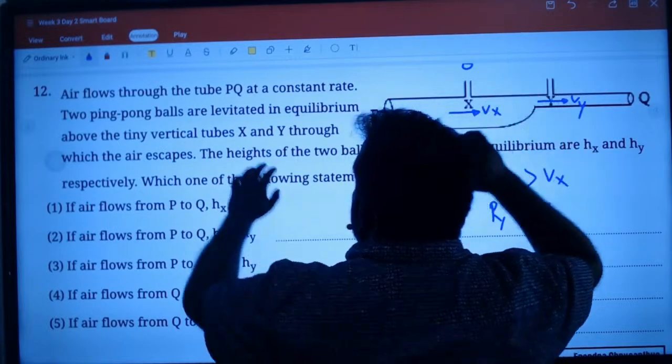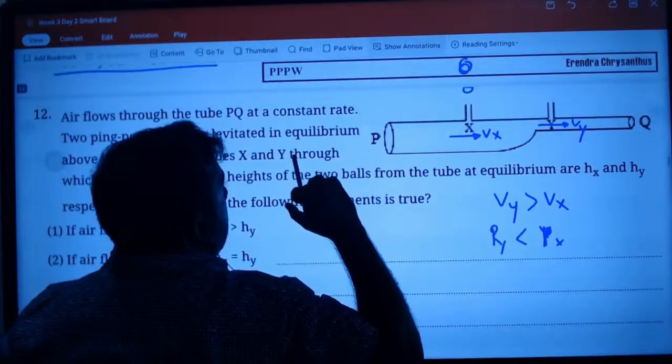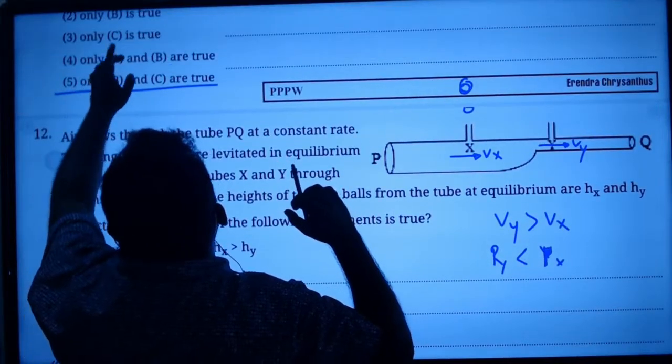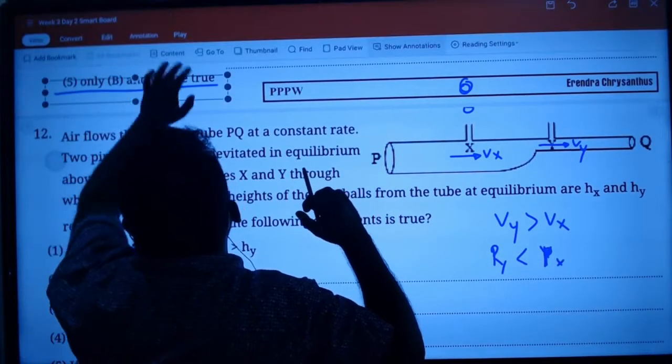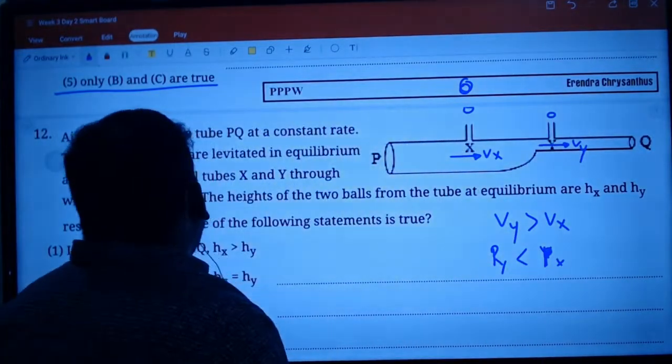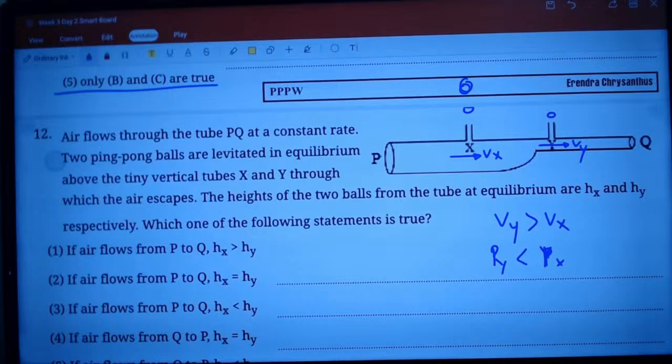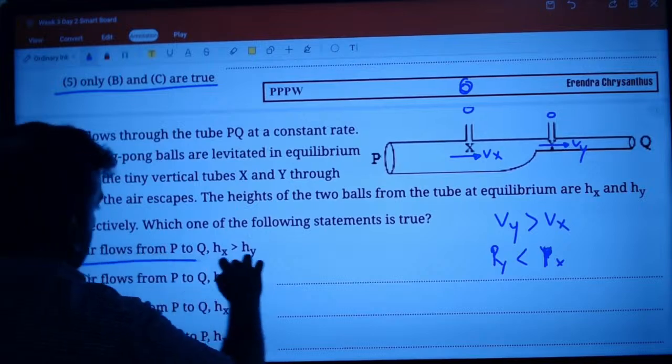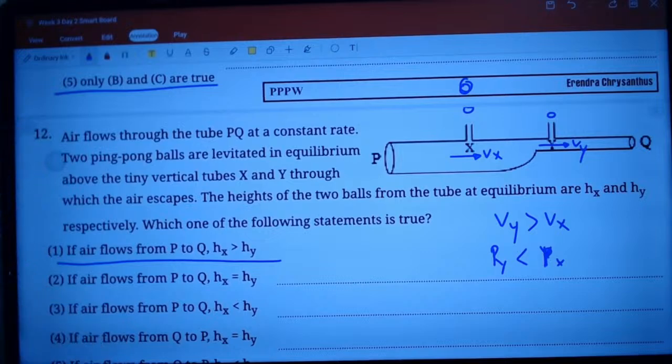Smaller pressure means smaller height. So the ping pong ball will fly higher near X than Y. From this it's very clear, the answer is number 1, right there.